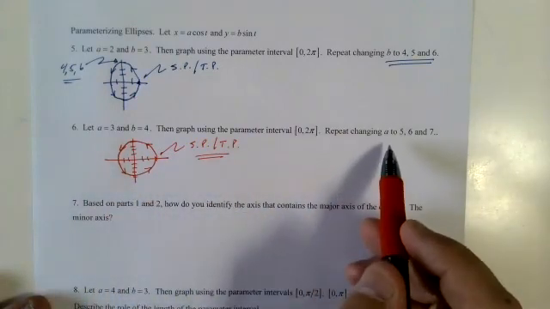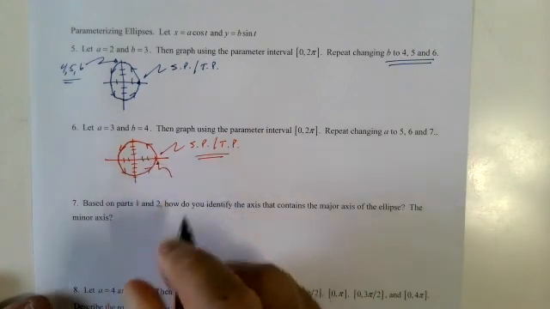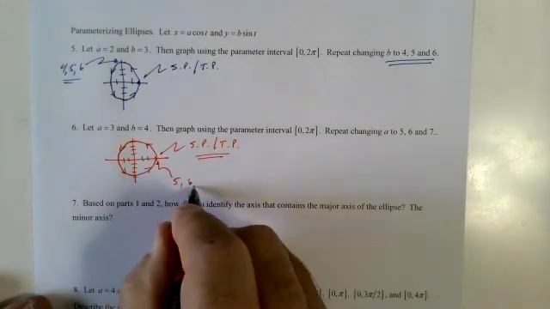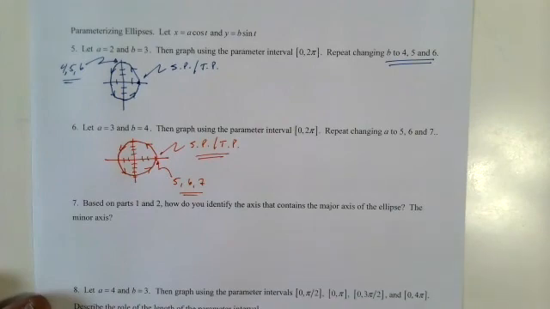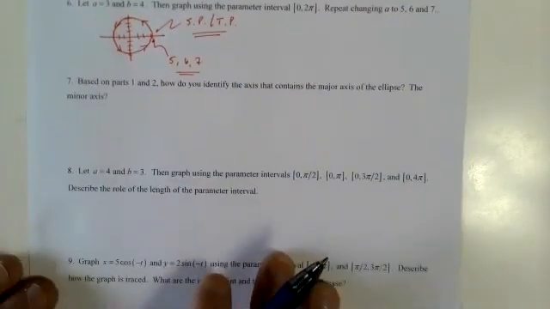And if they change a, this would change to 5, 6, 7. That's it. Really nothing earth-shattering.